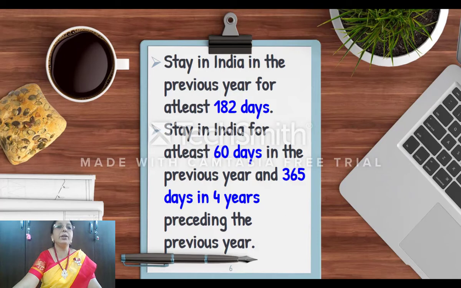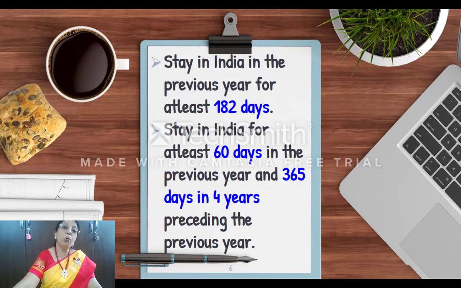So when you decide on the residential status of an individual, the first basic condition is that he should have stayed in India during the previous year for at least 182 days. And the second basic condition is stay in India for at least 60 days in the previous year and 365 days in 4 years preceding the previous year. So in the previous year, that is 2019-20, he should have been in India for at least 60 days.